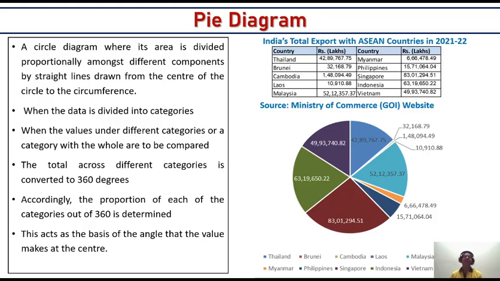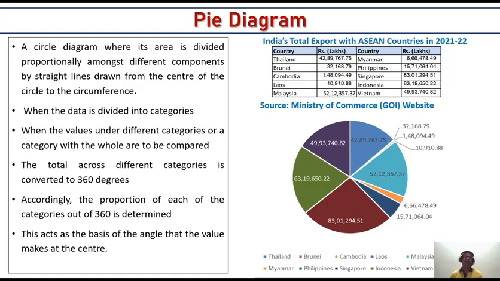Here in this data we have measured, in lakhs of rupees, the exports that India had with several Asian countries in 2021-22. These are all East Asian countries. You see the amount is there. I don't need to read out this amount. I want to represent it by a graph to find out which country India has a very high volume of trade or export with.